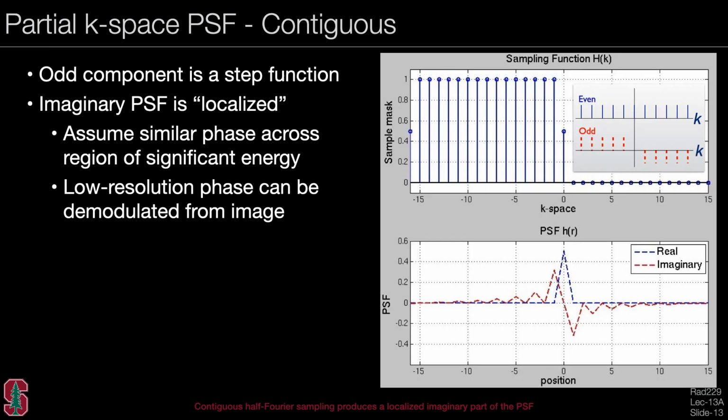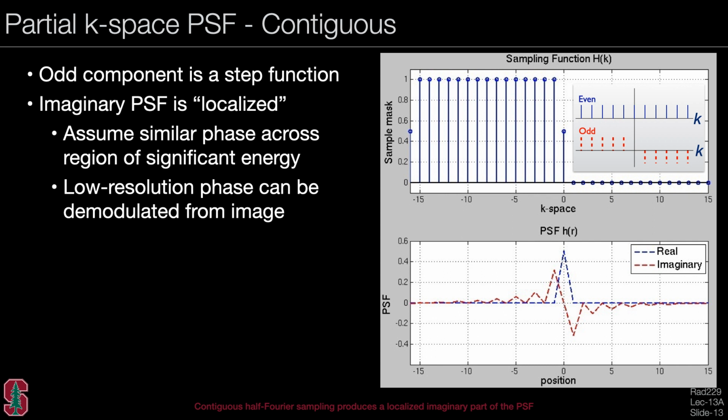Here is the most common case of partial Fourier sampling, when we have a contiguous partial k-space. So here we've sampled again just the negative k-space points. The odd component of the half-Fourier sampling function is a step function, and this means that the imaginary part of the point spread function is localized.